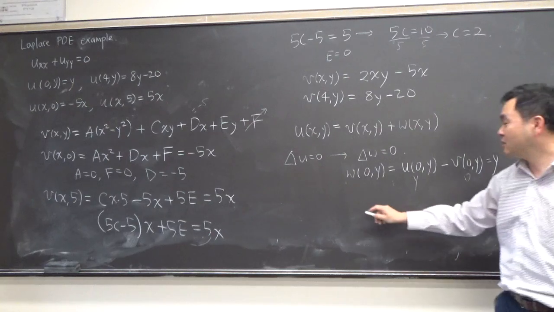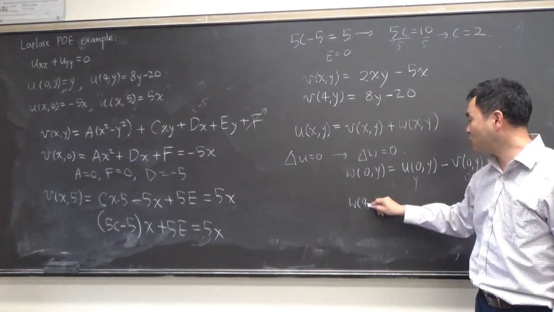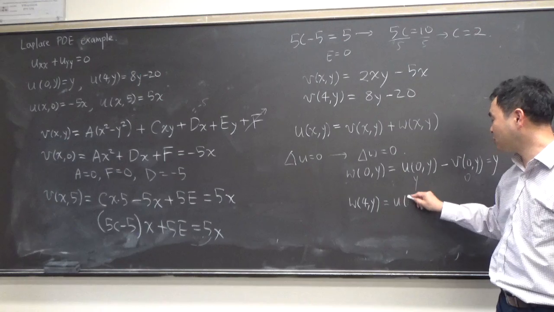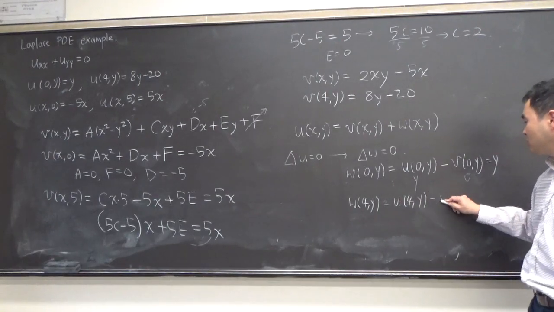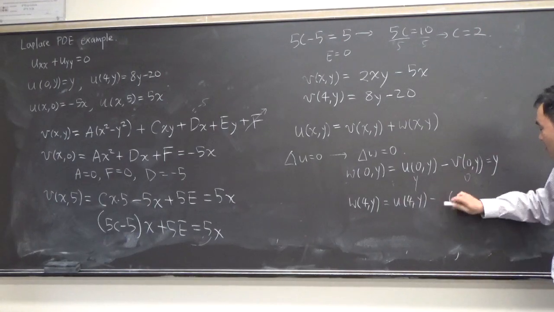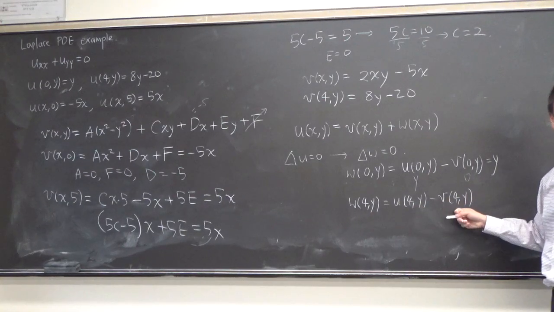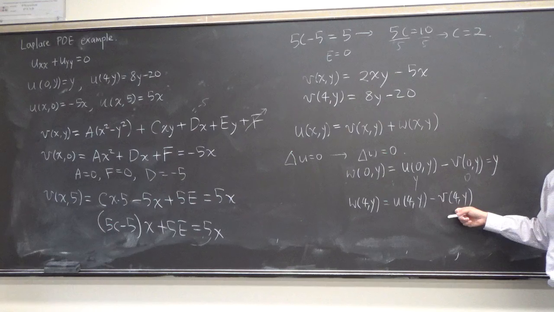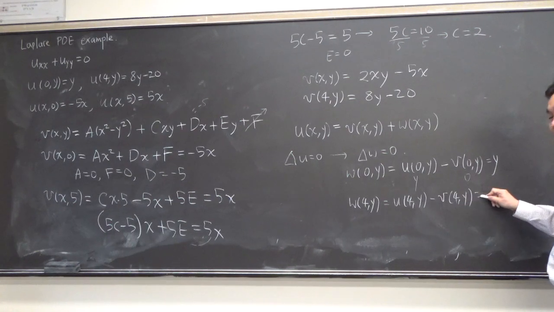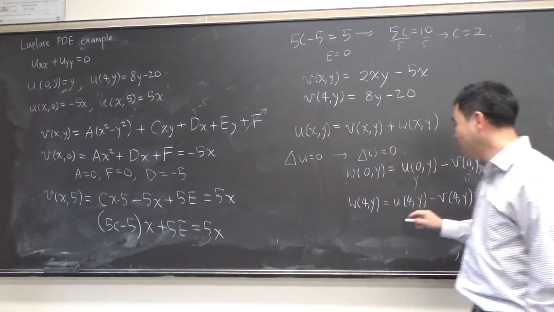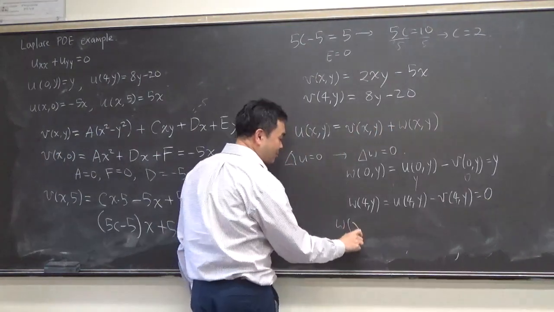W of 4, y would be u of 4, y minus v of 4, y. And we know that these are equal, right? They both gave us 8y minus 20, right? So what do I get? 0. What would be w of x, 0?